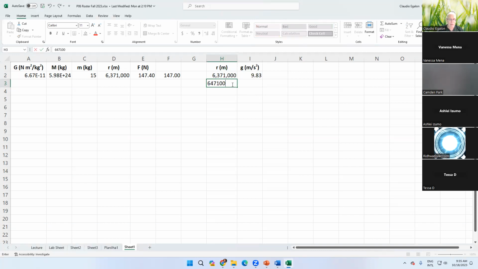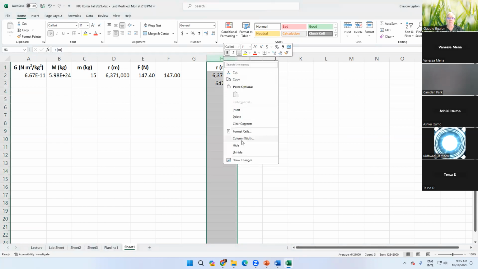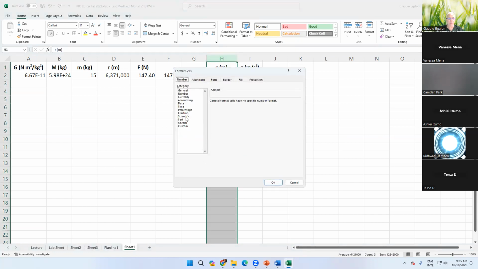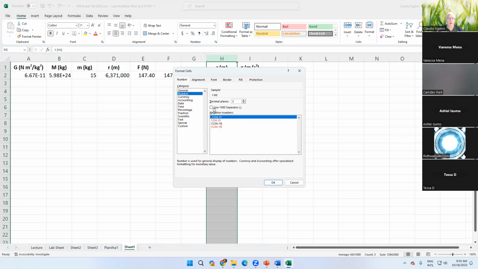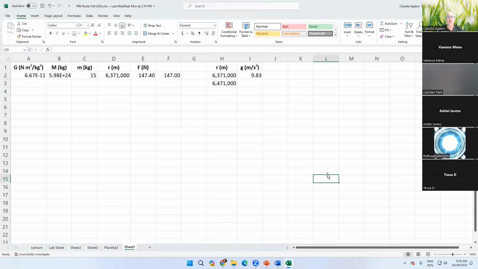6,471,123. Okay. Format cell, number. I don't want any decimal place, but I want the 1,000 separator. See what happens for every 100 meters.